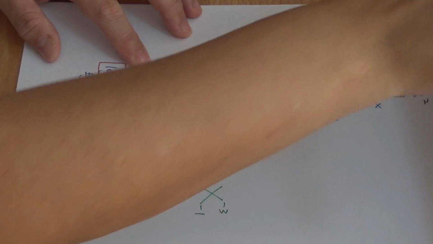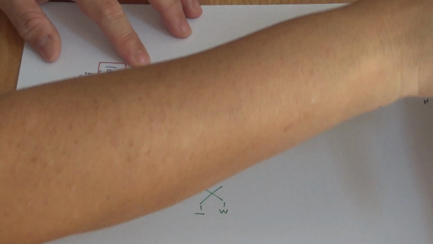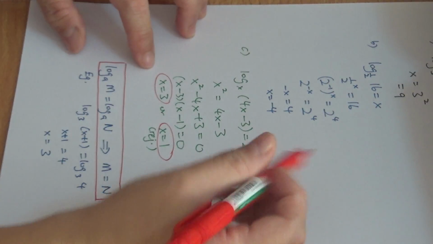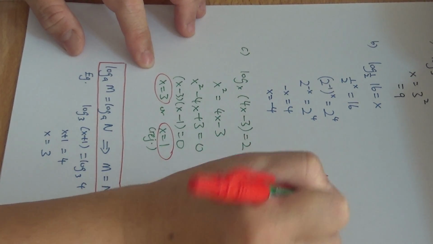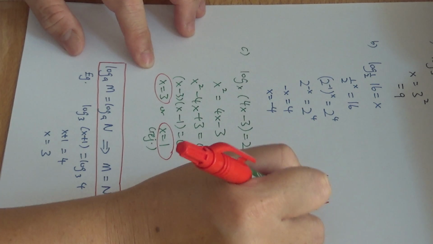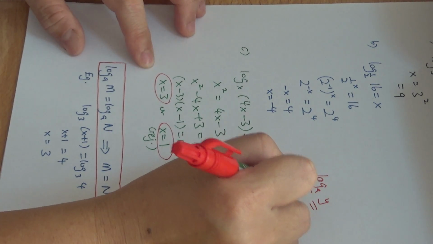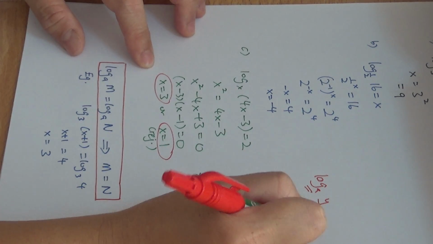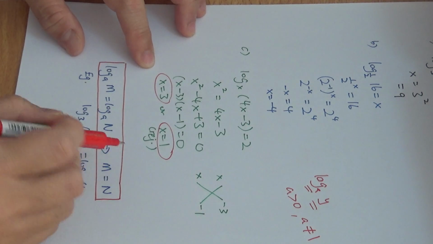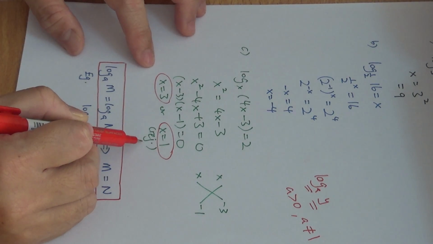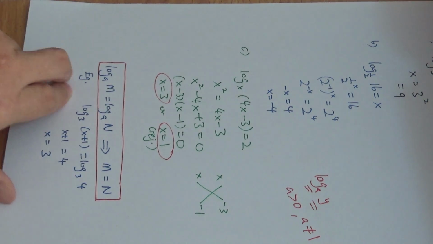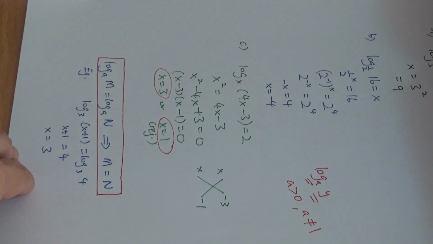The log function is only defined when y is positive and a is positive and a is not equal to 1. Okay, so since this is equal to 1, it is not possible, so this will be rejected. Alright, so that will complete your example 20.